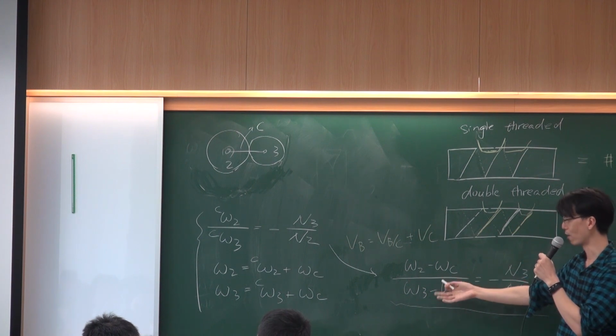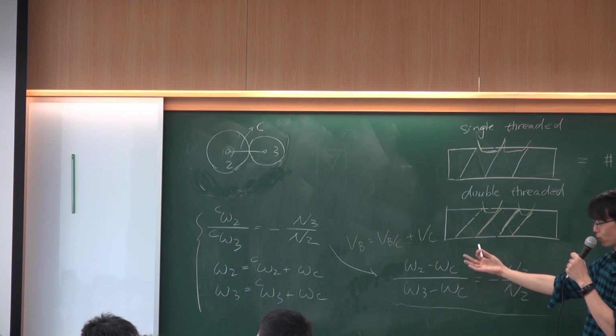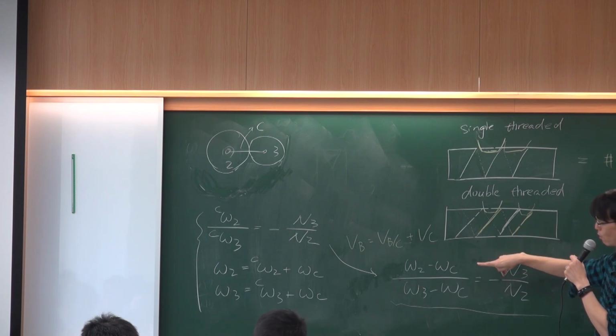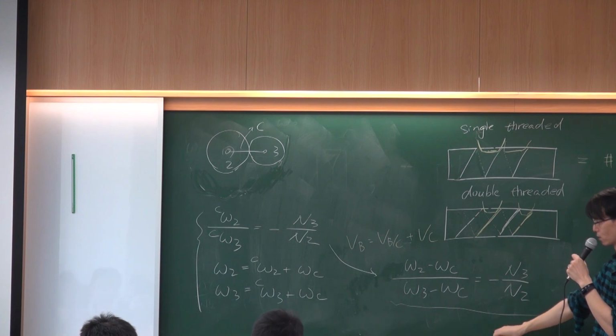So if we need to solve this one, that means we need to provide 2 inputs. Because right now it's 3 unknowns, but only 1 equation. If you add 1 more input, that means you eliminate 1 of the unknowns. So we need 2 more conditions in order to find the solution.